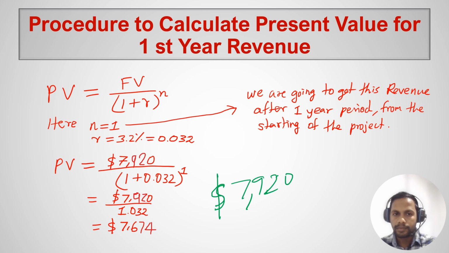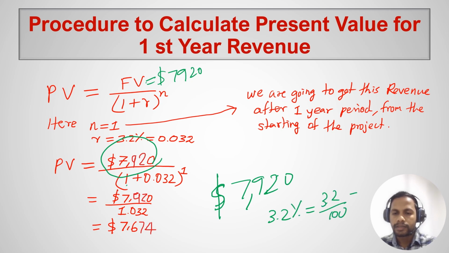So we put the future value, $7,920, here. And 1 plus R is 1.032, because 3.2% means 3.2 divided by 100, which becomes 0.032. I put that here.